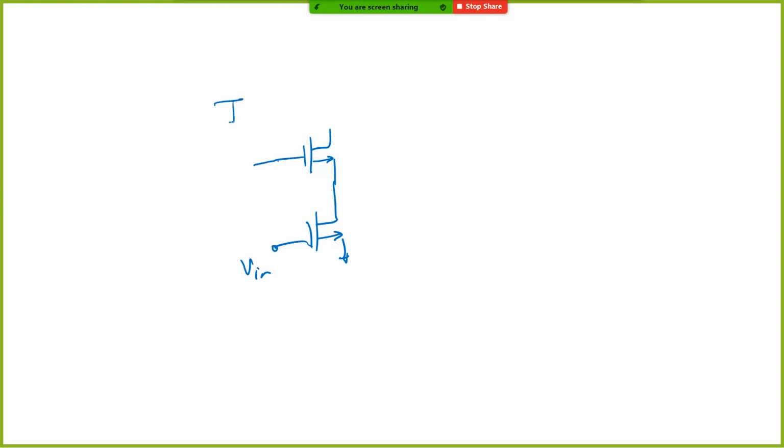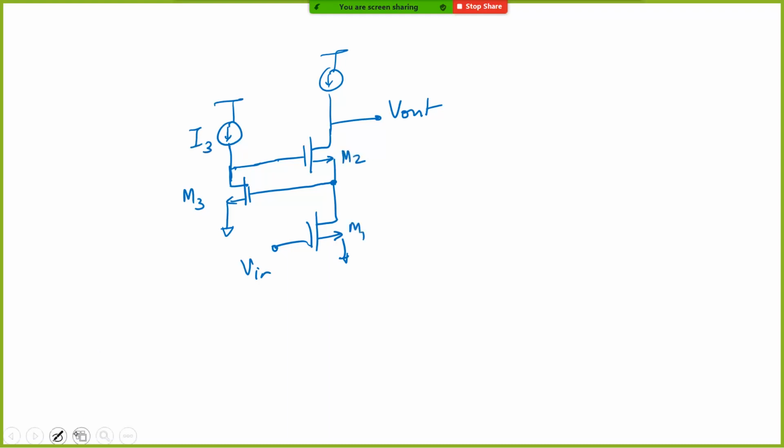We can use a simple common source amplifier to provide the gain. Now this transistor, let's call it M3, and current source, let's say I3. Let's say this is M1, M2. This particular thing is nothing but your gain block A.